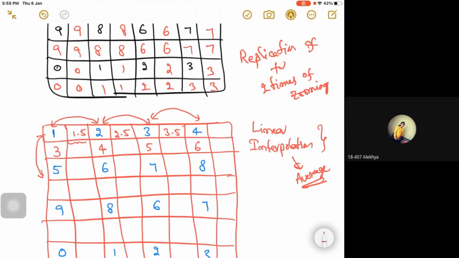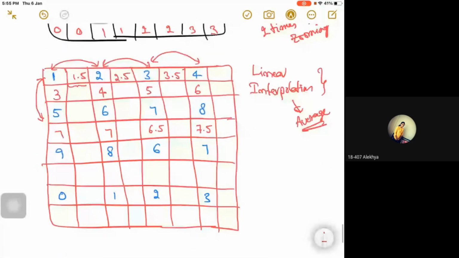So 9 plus 5, 14, here you will get 7. Yes, between 6 and 8, 7. Then here 6.5 because 13 is the total. Then 7 and 8, 15, 7.5. Then here 9 plus 0, 4.5. 8 plus 1, 9, it is also 4.5. 6 plus 2, 8, divided by 2, 4. 7 plus 3, 10, 5.